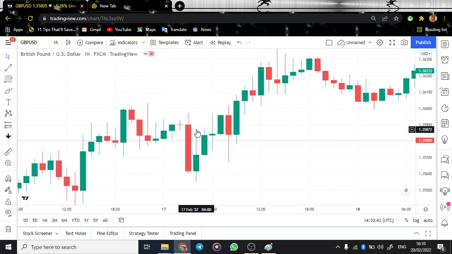And when they stopped buying here, the sellers came in and pushed it lower and lower, and by the time it got here, that was when an hour had elapsed, because this candlestick was created within an hour, since we're on a 1 hour window. So when the hour elapsed, this candlestick closed right here.